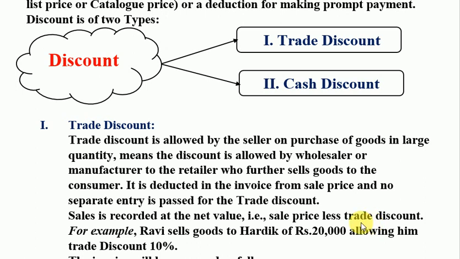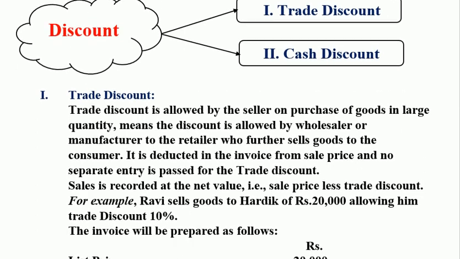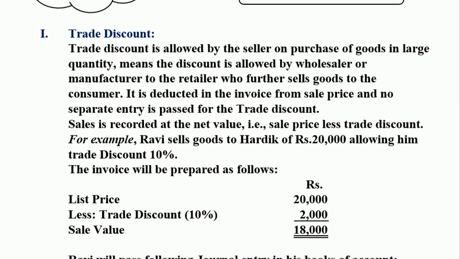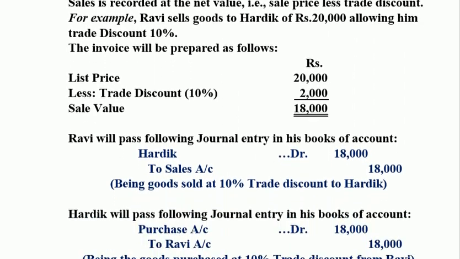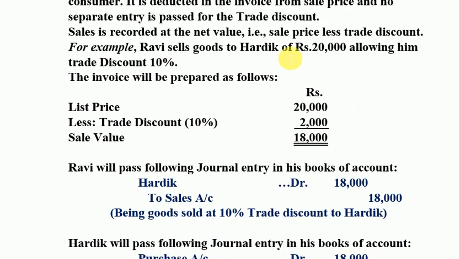Let's take an example. Ravi sells goods to Hardik of rupees 20,000, allowing him a trade discount of 10%. So Ravi is the seller, selling the commodities to Hardik, and Ravi allows a trade discount of 10% to Hardik. Let's check the invoice prepared at the time of sale.